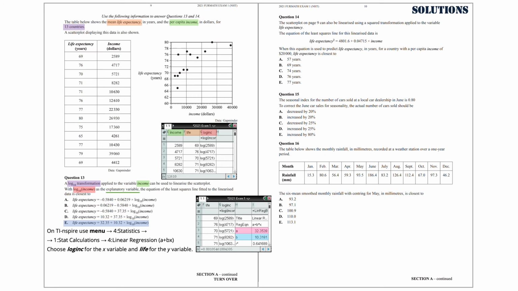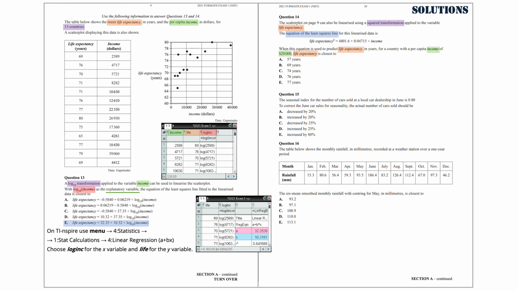Question 14. The scatter plot on page 9 can also be linearized using a square transformation applied to the variable life expectancy. The equation of the least squares line for this linearized data is shown below. The question is asking to calculate the life expectancy when this equation is used to predict life expectancy in years for a country with a per capita income of $20,000.